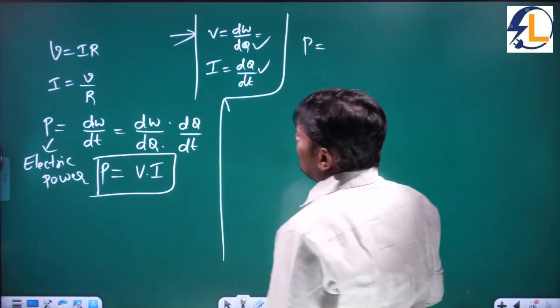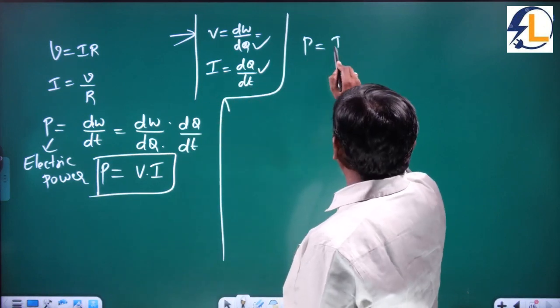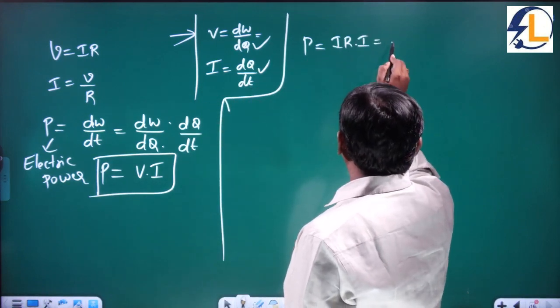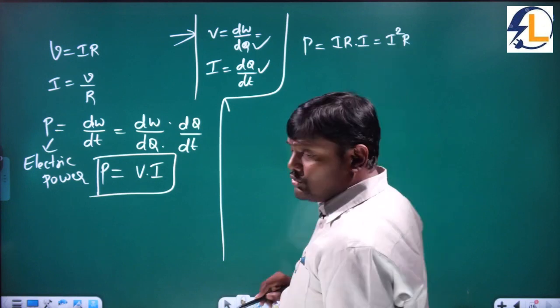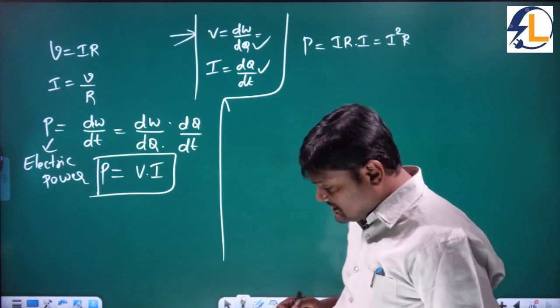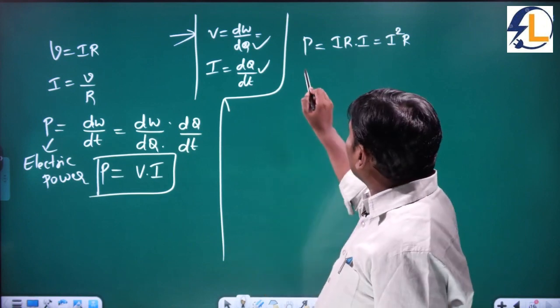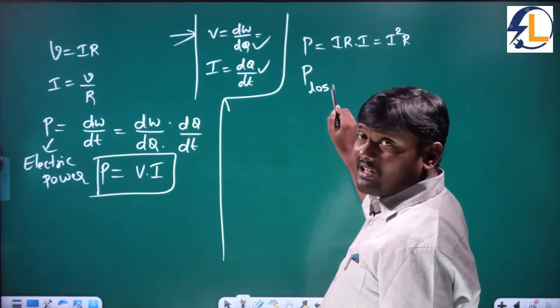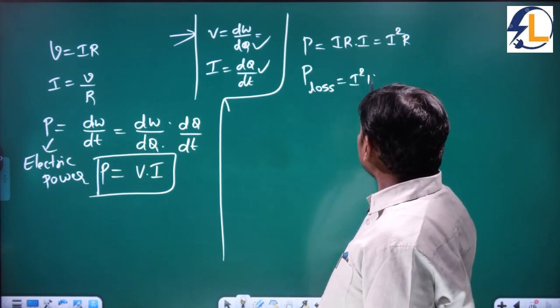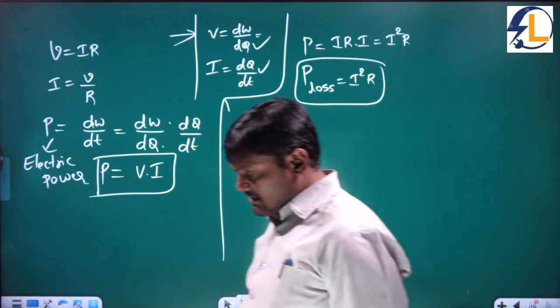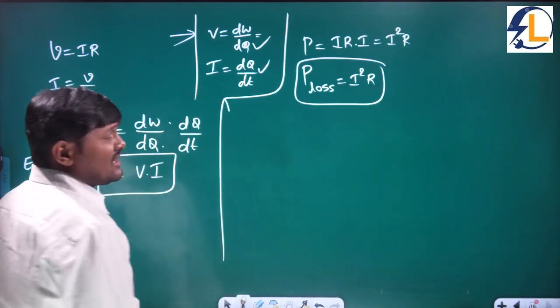Power is equal to V into I. Substitute V equal to IR, so IR into I is equal to I square R. Throughout the subject, I square R we call the power loss.